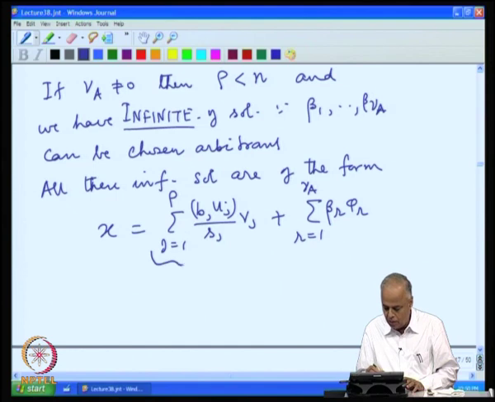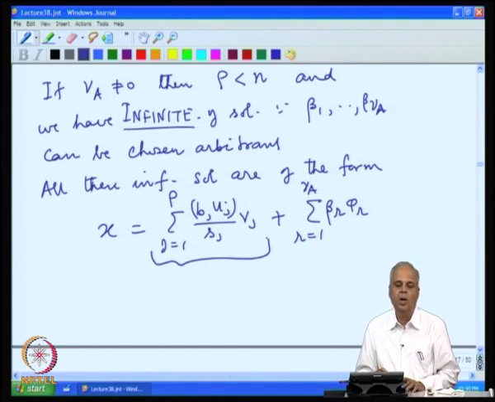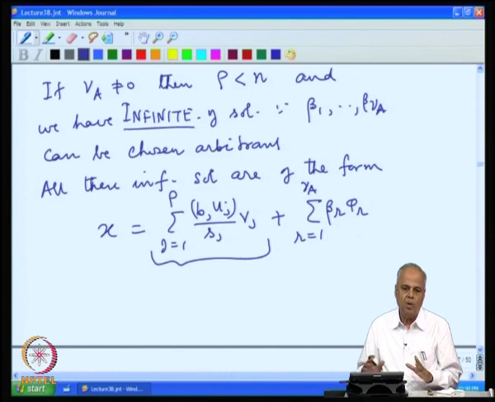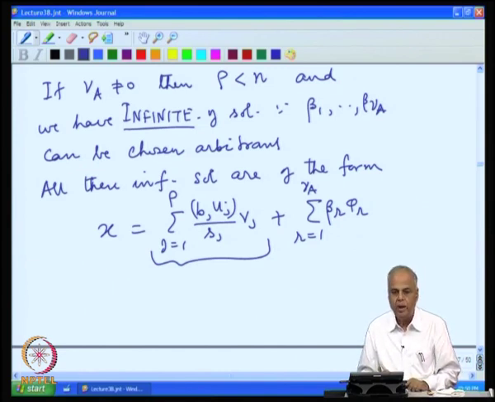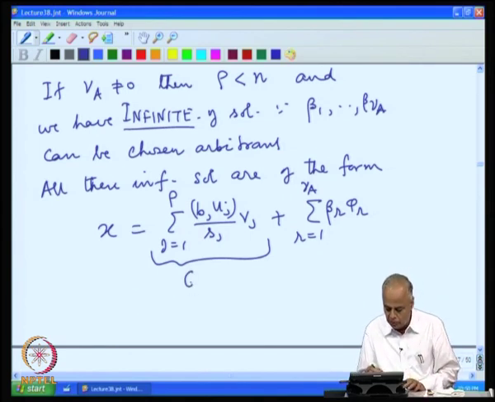Now, if you look at this part, these are all linear combinations of the vectors v 1, v 2, ..., v rho. The vectors v 1, v 2, ..., v rho form an orthonormal basis for the range of A transpose, and therefore, any linear combination will also be in the range of A transpose.